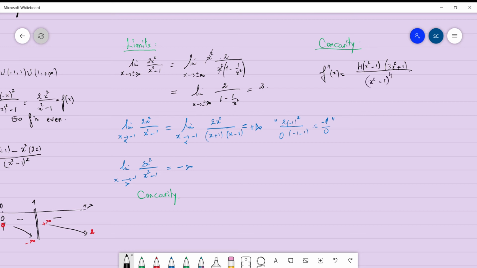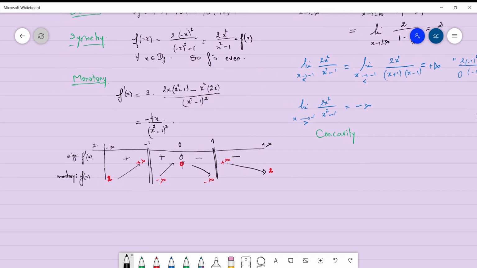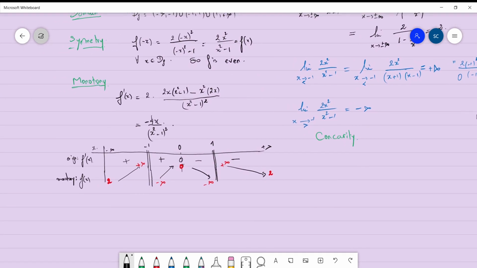Okay, so if you look at the sign, this quantity is positive, this one is positive, to the power 4. So the sign will depend on the sign of x² minus 1. So the sign of f'' is equal to the sign of x² minus 1, which is easy to see because it is second degree, and we know its sign outside the roots.